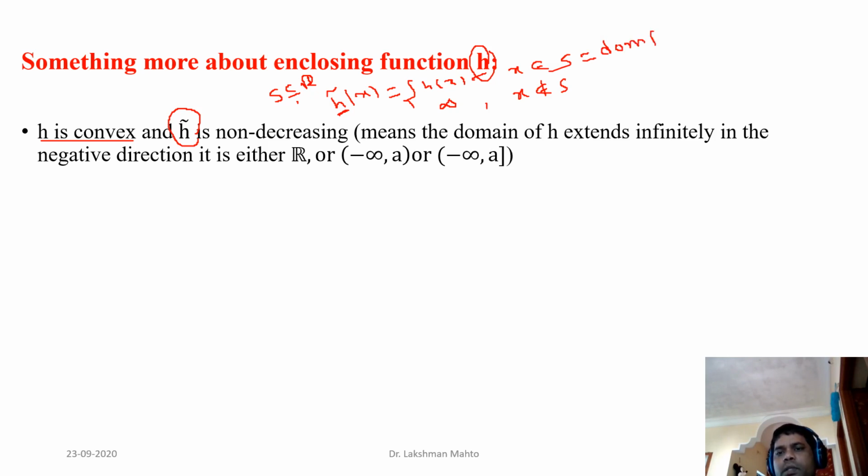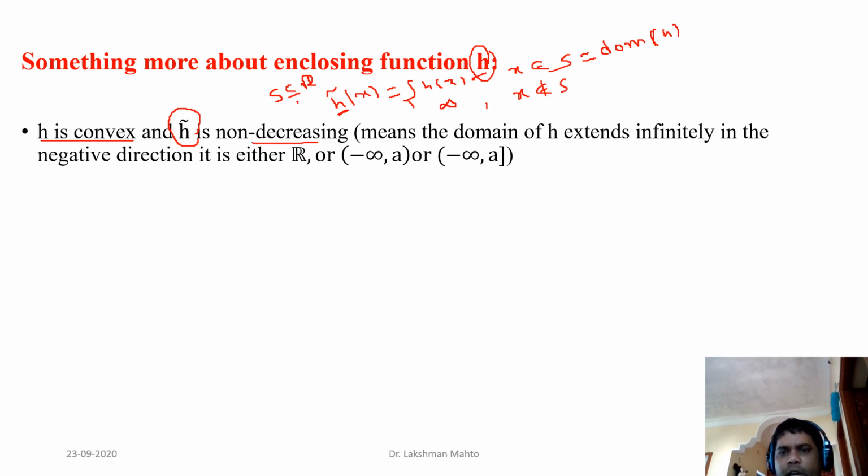So if there is some constrained domain, not a full domain, then you have to go for such an extension of the function. S here is the domain of H.